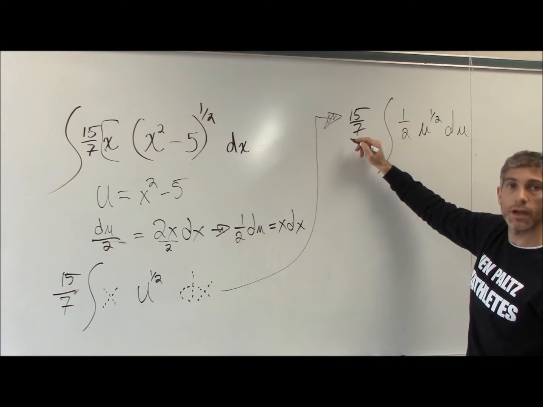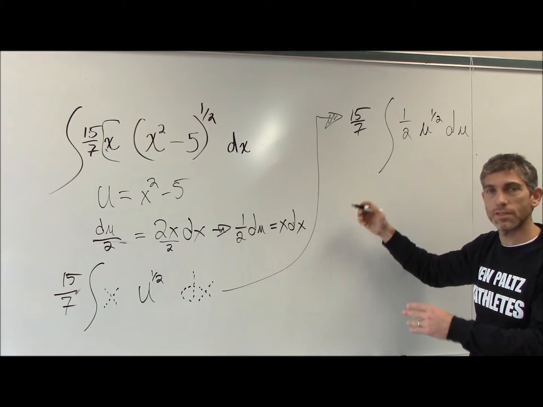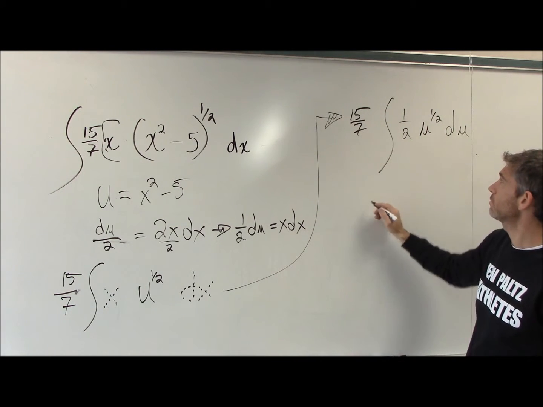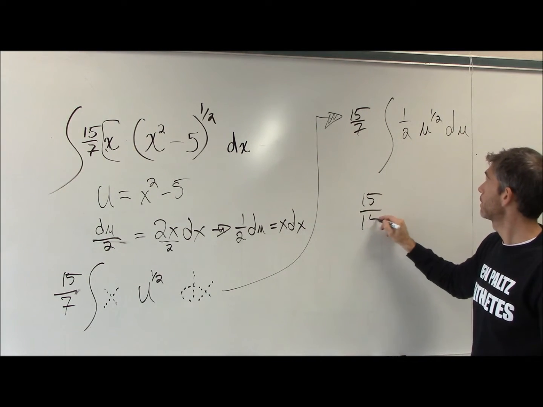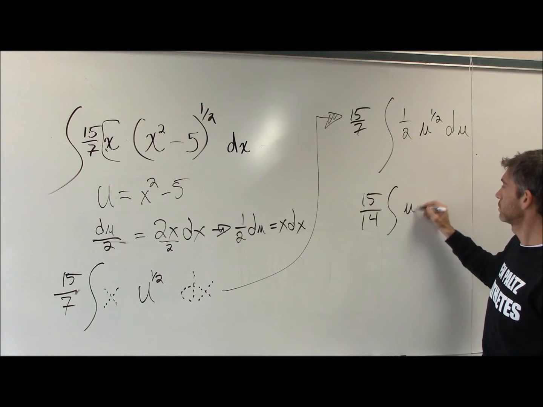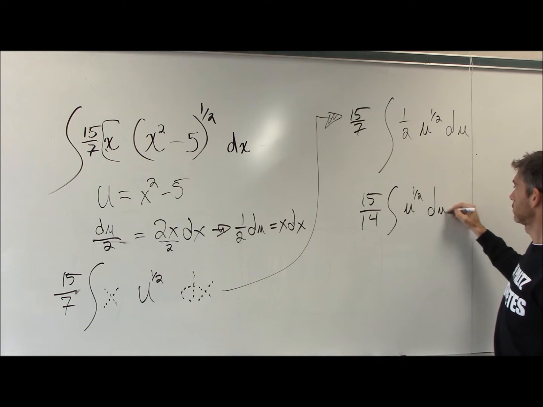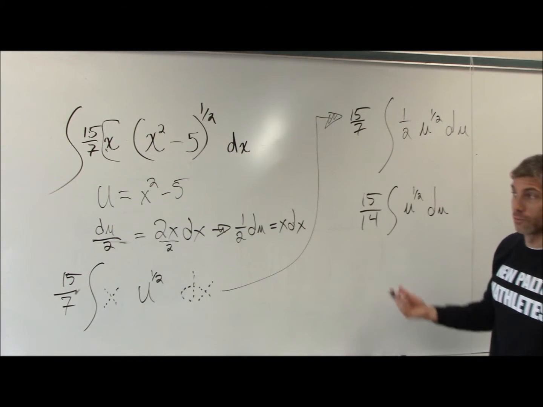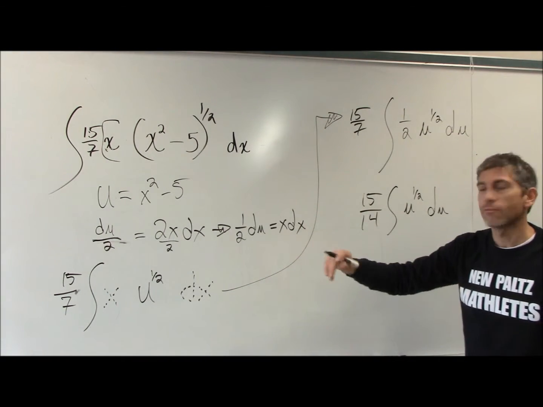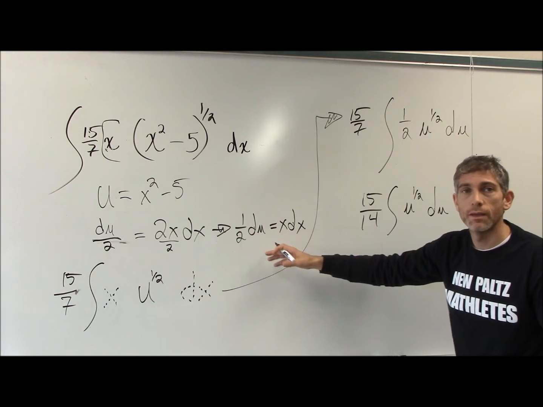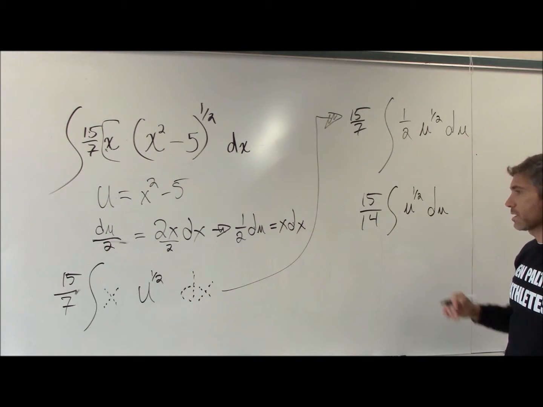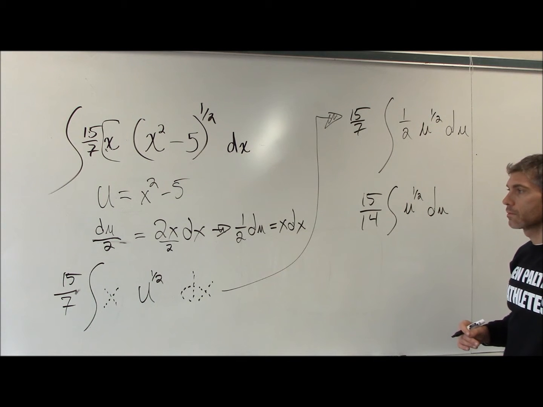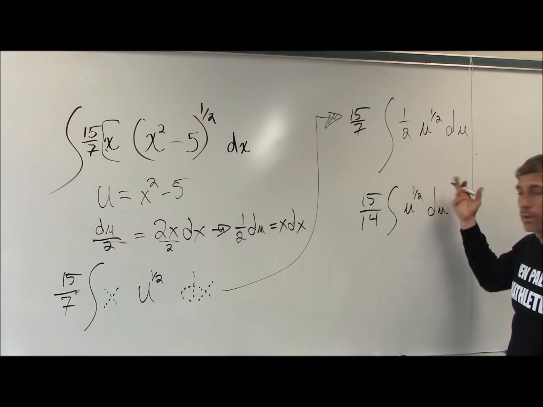And the 1/2 can come out and get multiplied by the 15/7, and it takes care of itself. Beautiful. So I guess it was 15/14 before. And I could have multiplied by both sides, but if you just factor it out and divide away, it does the algebra along with everything else. Exactly. Nice.